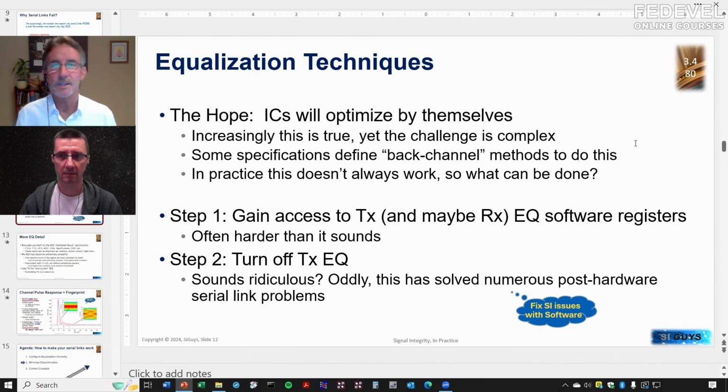Because where all this started, the ICs just defaulted. To be fair, most receivers can optimize themselves these days, right? But where all this began, the ICs would go to their defaults. And what was their default? Their default was the worst case, highest loss system, because they always wanted to work.